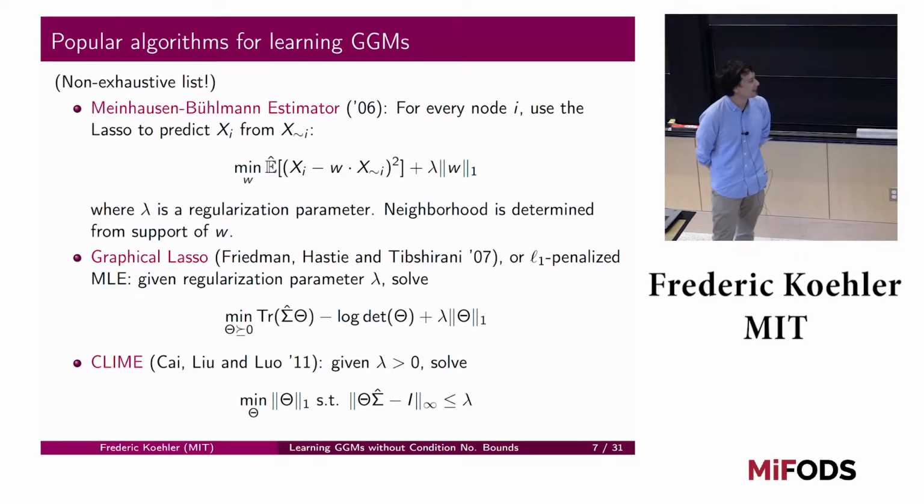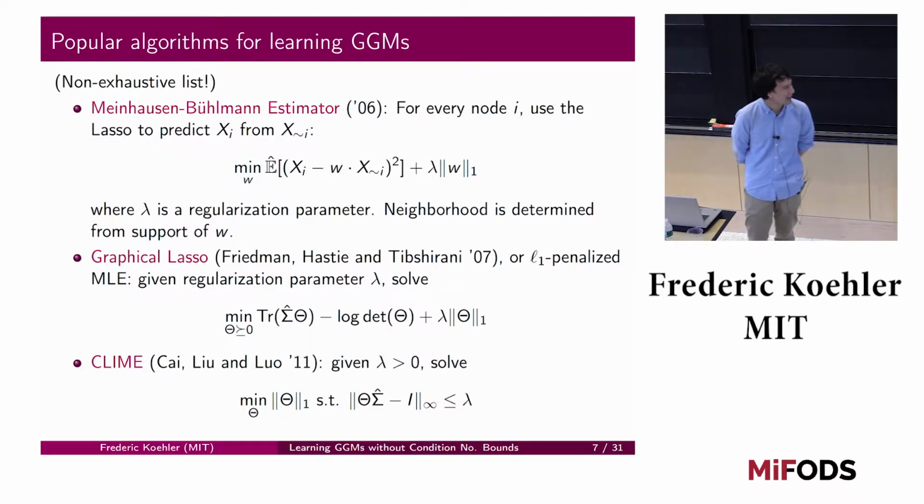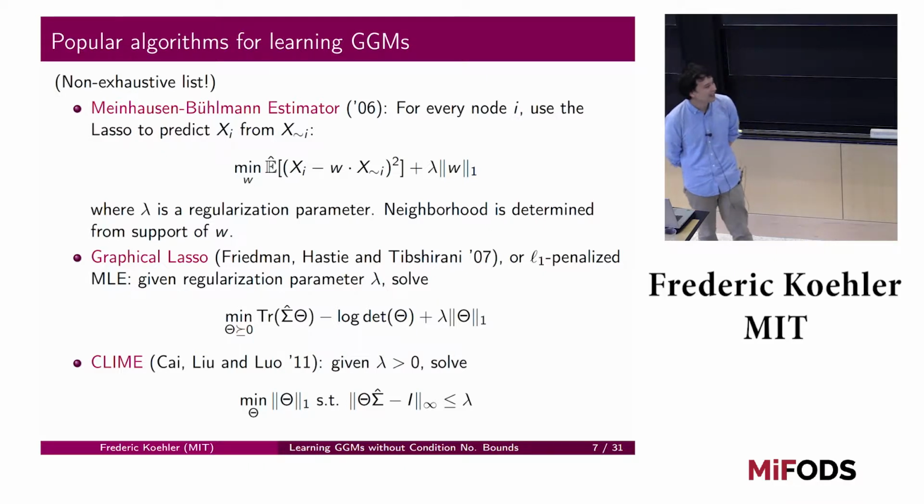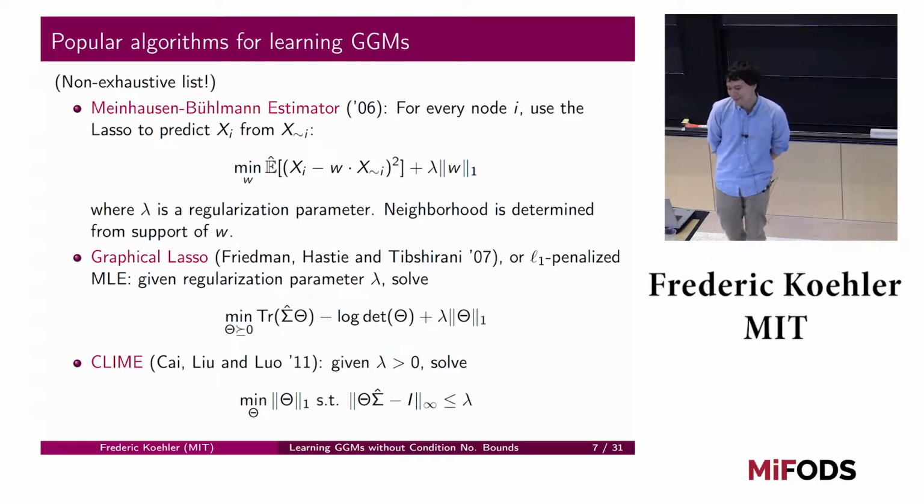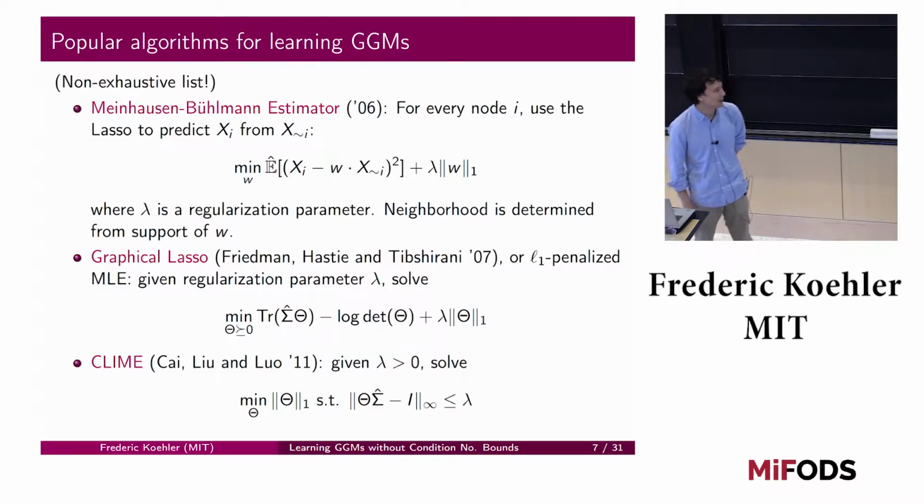And an algorithm that was introduced a little more recently, and also seems to be based off a pretty reasonable idea, is the one called CLIME. CLIME is an estimator that can be implemented as a linear program. The idea is, once again, you're going to try to minimize the L1 norm of theta, which is supposed to encourage sparsity.